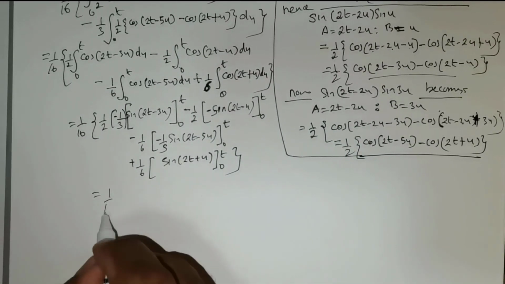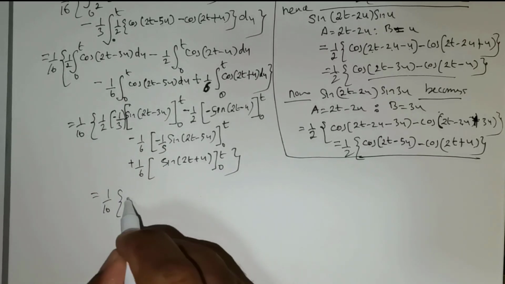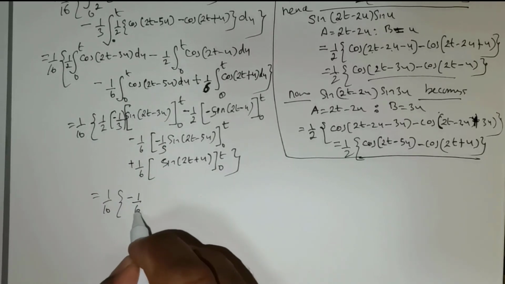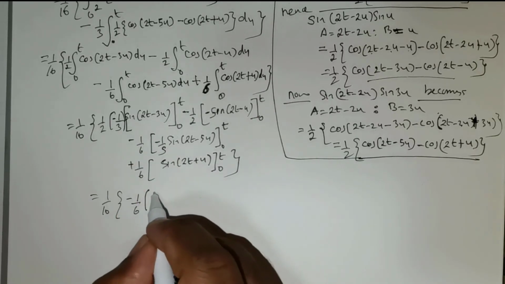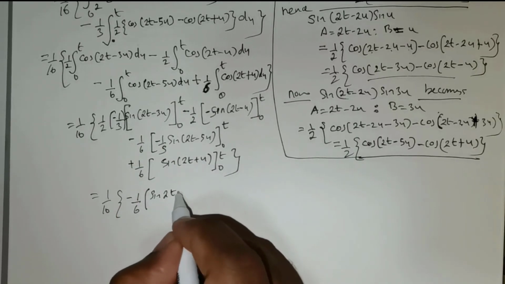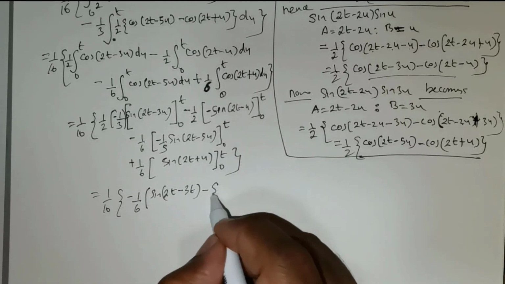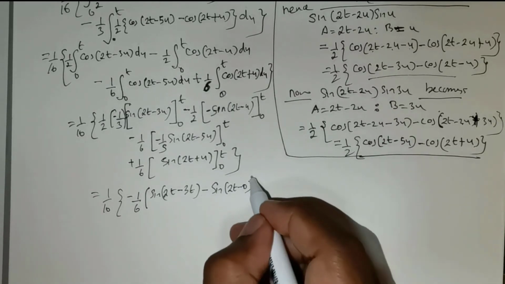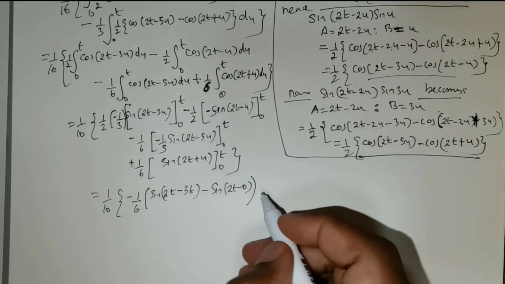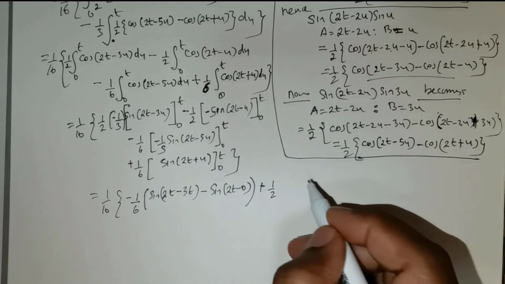Now this is 1 over 16 times 1 over 2 times 1 over 3 with a negative sign, 1 over 6. I substitute the upper limit, so that's going to be sine of 2t minus 3t for the first component, followed by negative sine of 2t minus 0 for the next component. So this is for one part, followed by negative 1 over 2 times negative negative positive, that's fine.